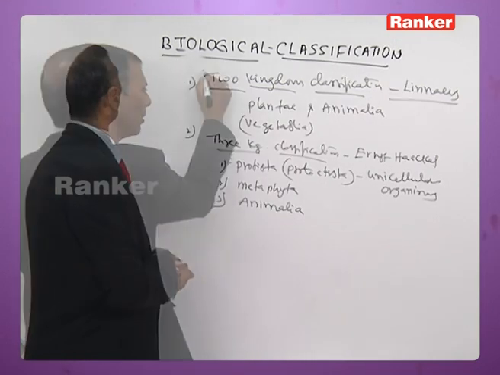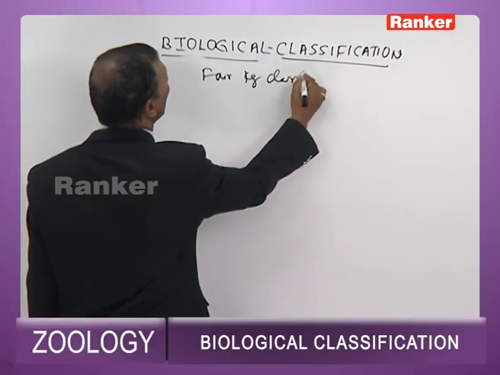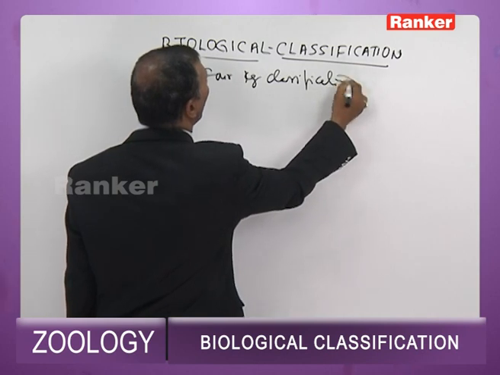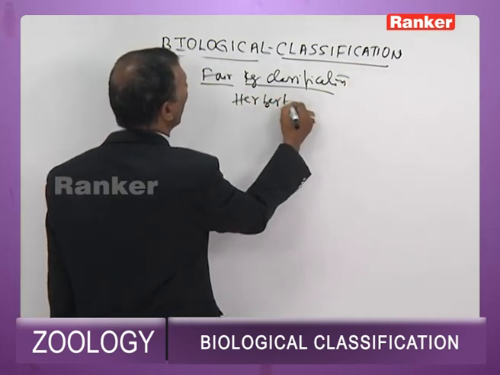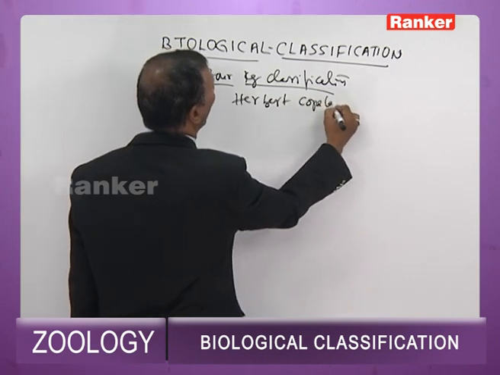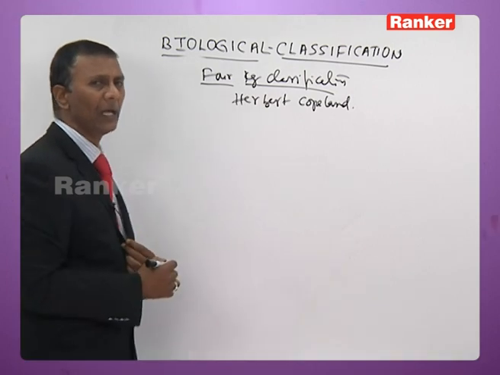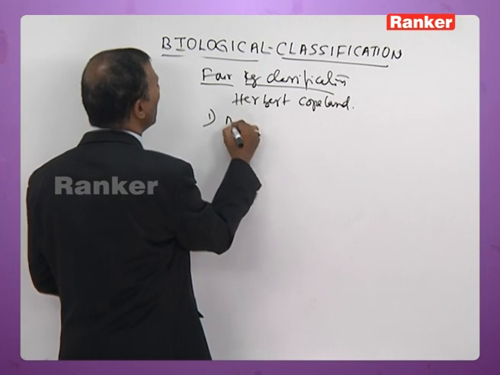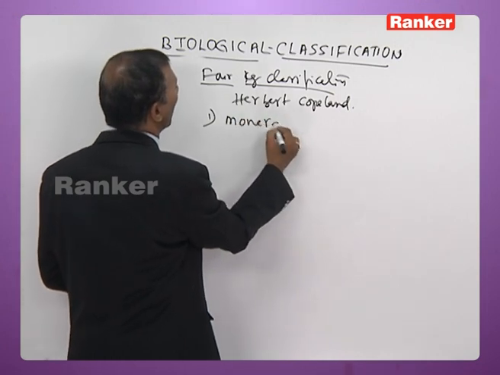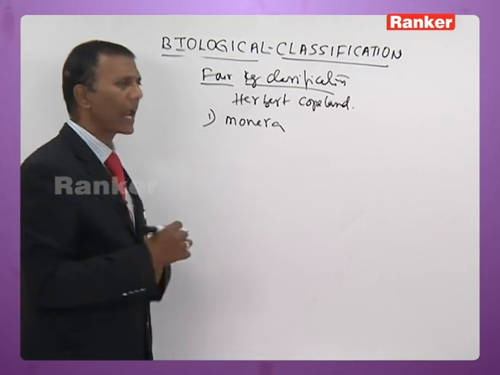So you have now the 4 kingdom classification, which was put forth by Herbert Copeland. Now he placed all the prokaryotic unicellular organisms under Monera.